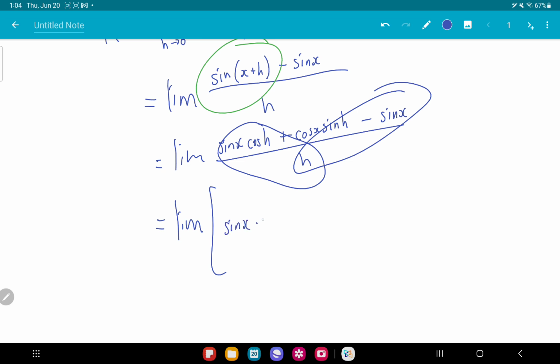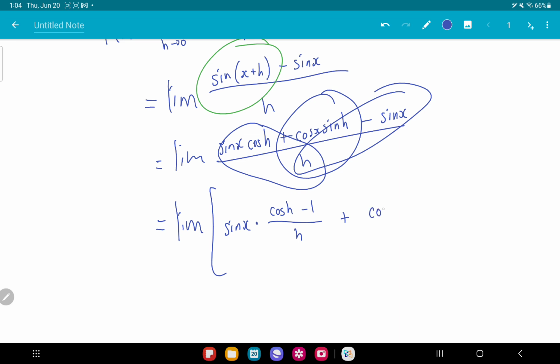Factored out, times cosine of h minus 1 over h. And then the other term, we'll have it as cosine of x times sine h over h.